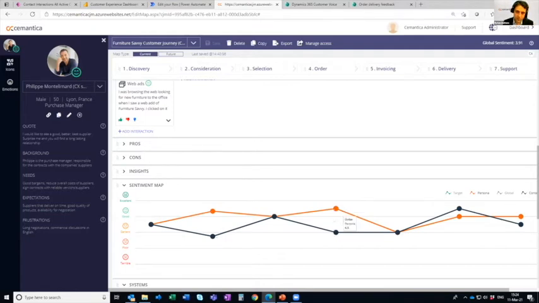The differences I have here are on the order phase, which is the one I was now trying to focus on, where I see I have an experience which is inferior versus what I imagined when I did the journey mapping workshop; we thought that it was higher.